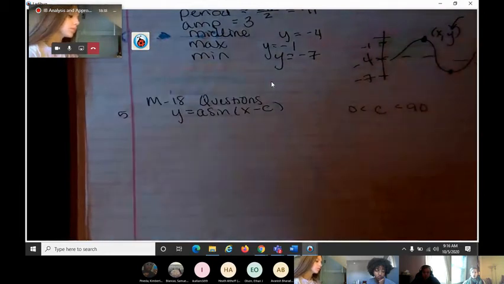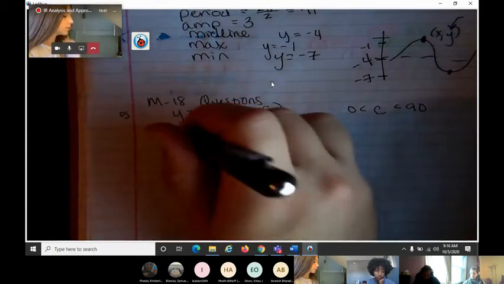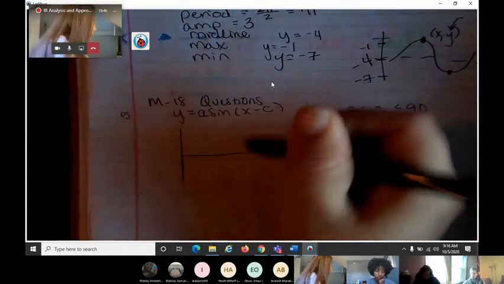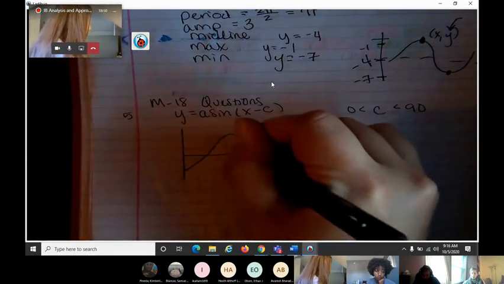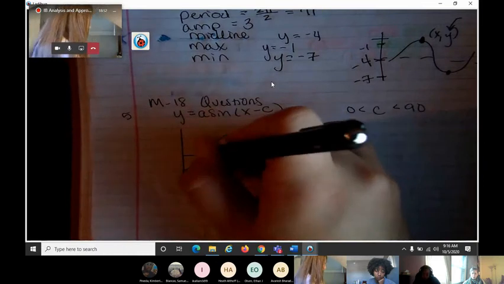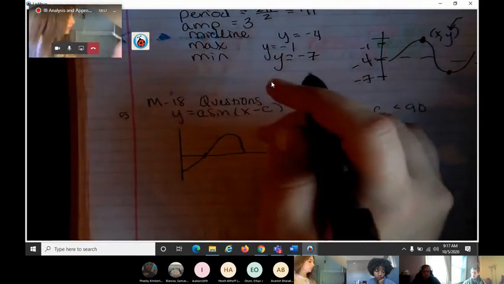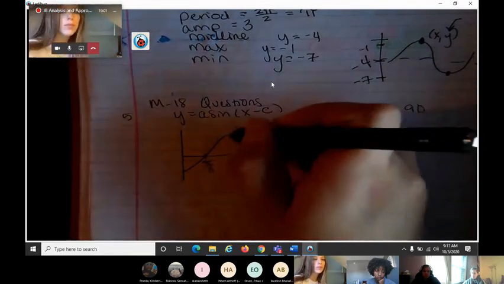Okay, so we are given a graph that, let me see if I can draw it, looks kind of like this. Not terrible, not the best, but not terrible. And let's see, you had pi over 3 right here, right? And this was 8.